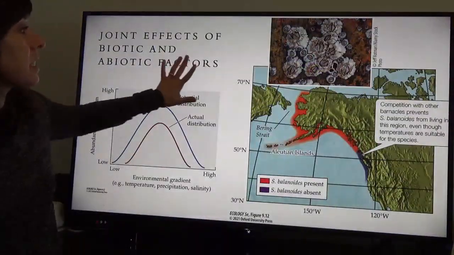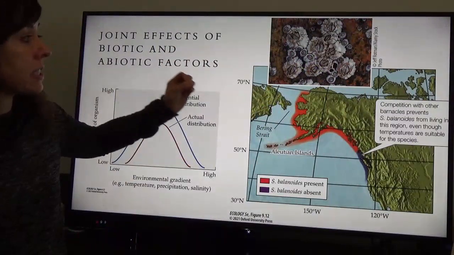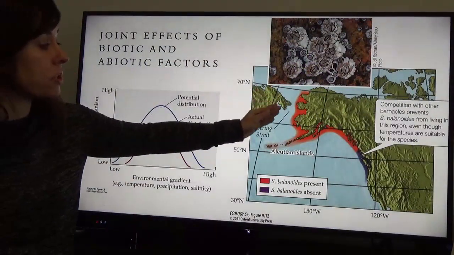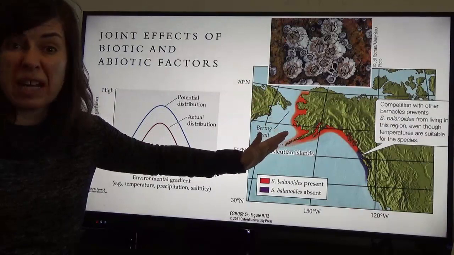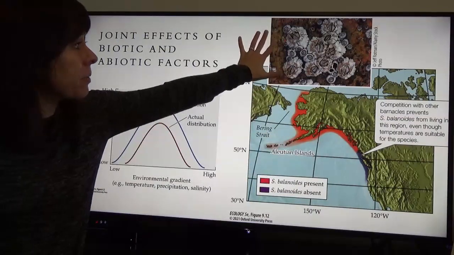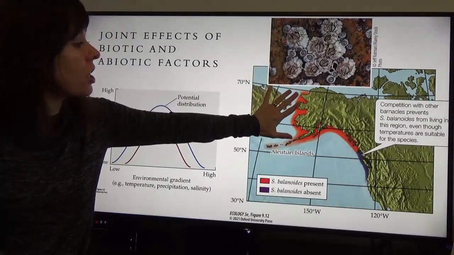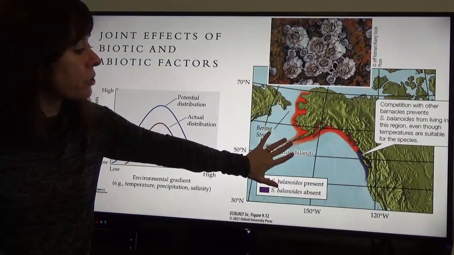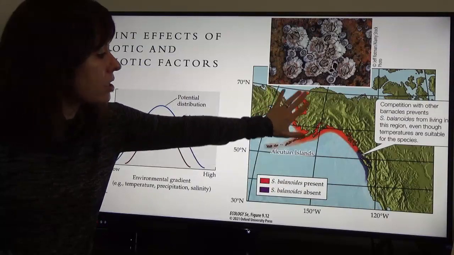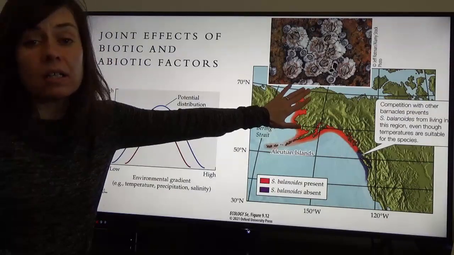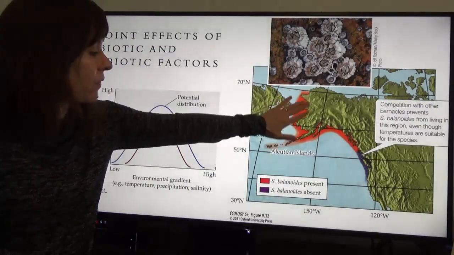Okay, and then here's a nice example of where we actually see these joint effects leading to a difference in geographic range, okay? So here we have this barnacle that we've seen before, S. balanoides, and based on its thermal tolerances, it does very well in these cold environments fairly far north.